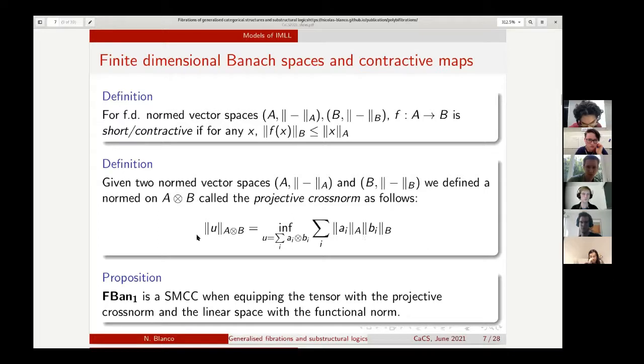So if we equip the tensor product with this norm, this will give us a tensor product of Banach spaces, and it will be left adjoint to the linear maps space, where the norm I'm taking is the functional norm. And so all of this gives us a symmetric monoidal closed category, where now the objects are Banach spaces and the maps are contractive maps.